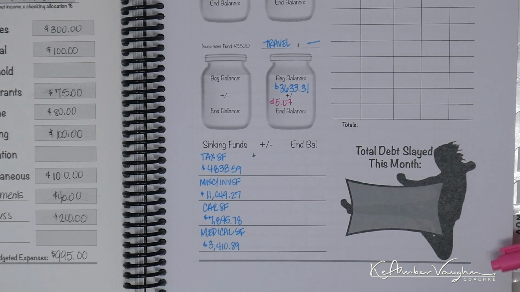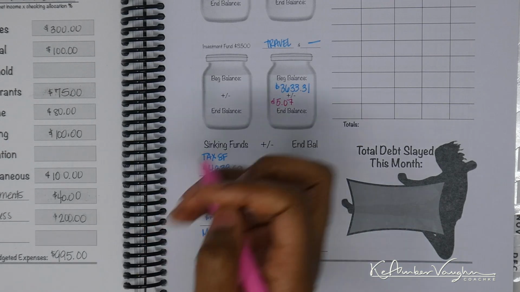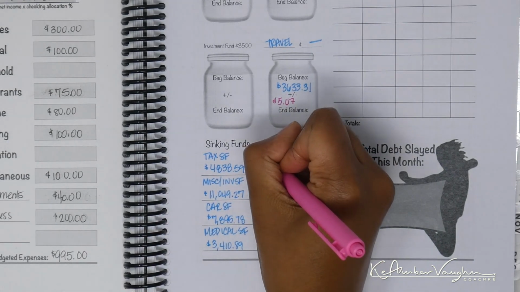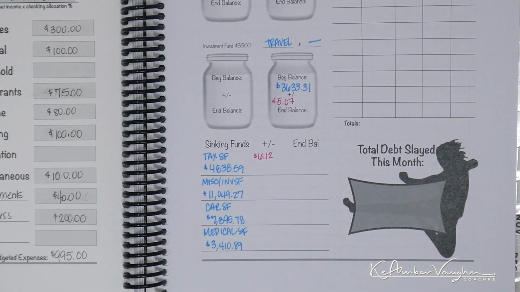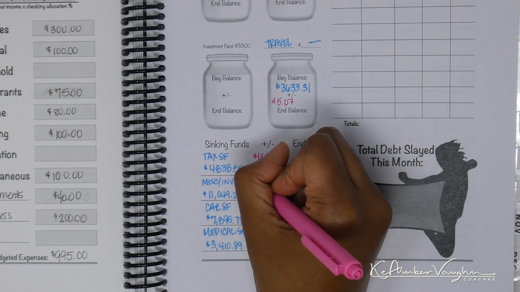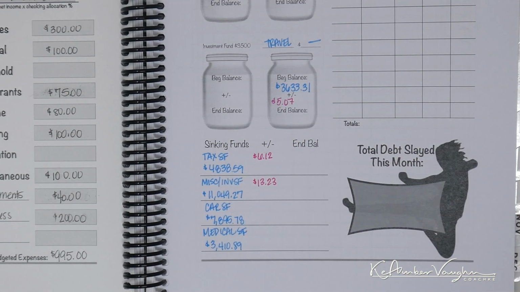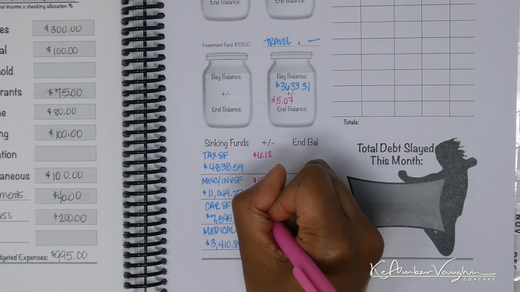And then let's go back to the tax sinking fund. That is $6.12. Miscellaneous / investment is $13.23. Car sinking fund is $10 even.